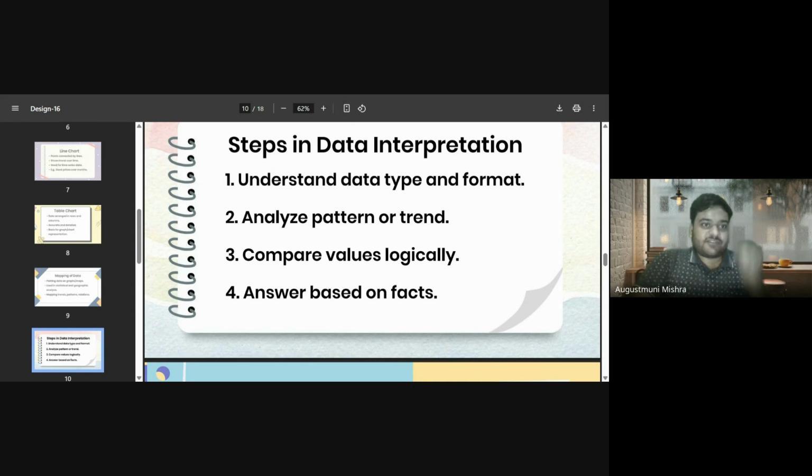It may be frequency, or a comparison between quantities, variables and so on. Then, after analyzing the pattern or trend, you compare values logically. How logically you compare, you will see in the questions. Then at the end you give an answer based on the facts, meaning whatever numbers you receive will be your answer.